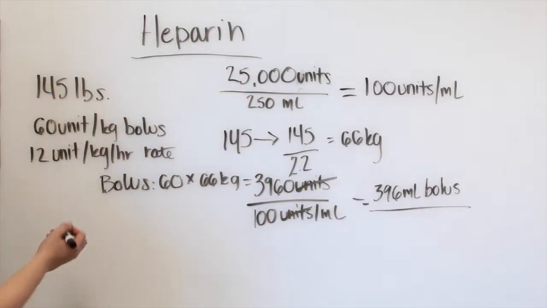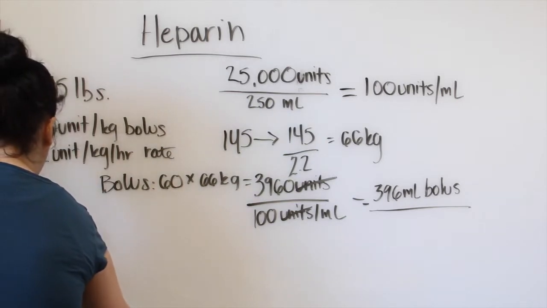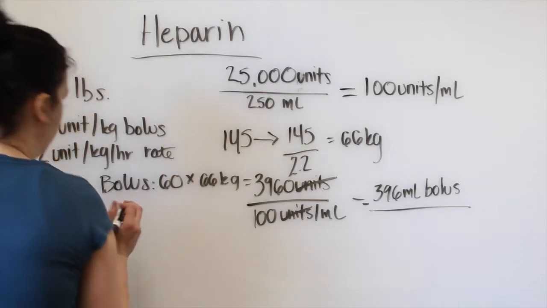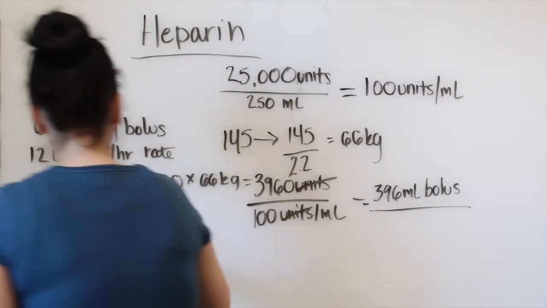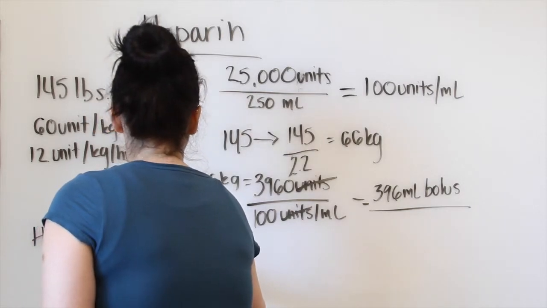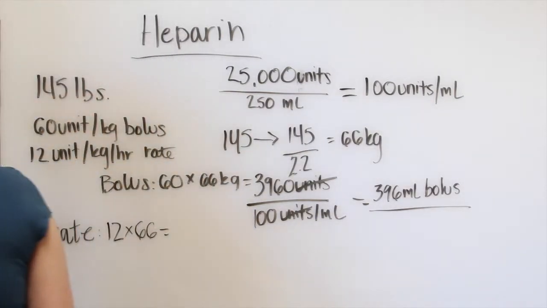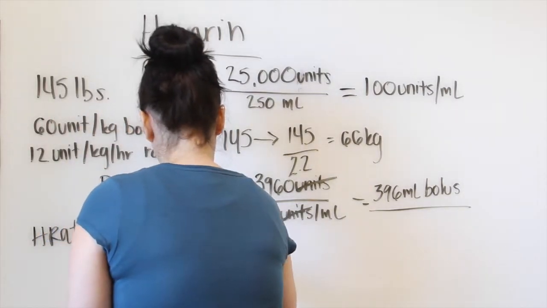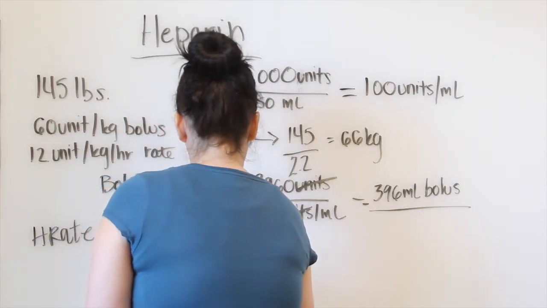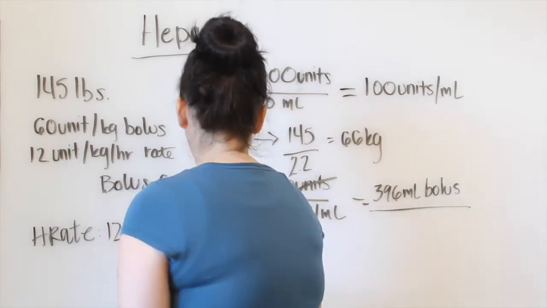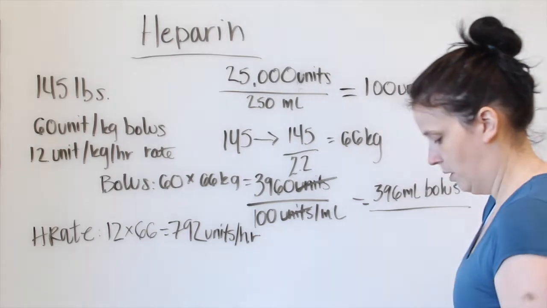So now we're going to work on our hourly rate. And again, we're going to plug in our 66 there. So 12 times 66 is 792 units per hour.